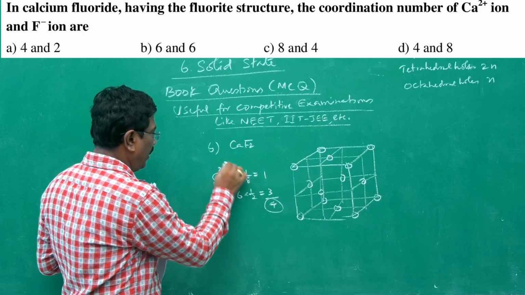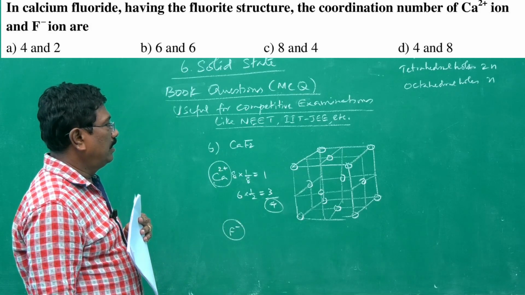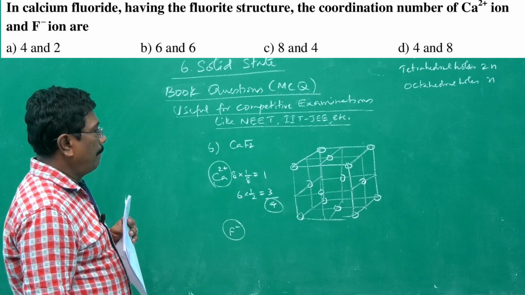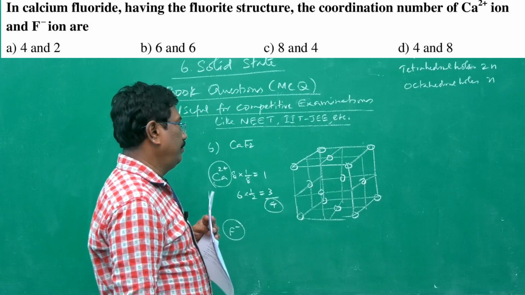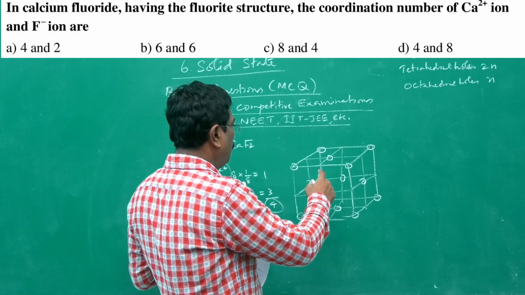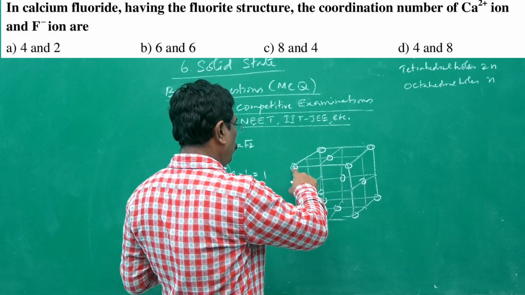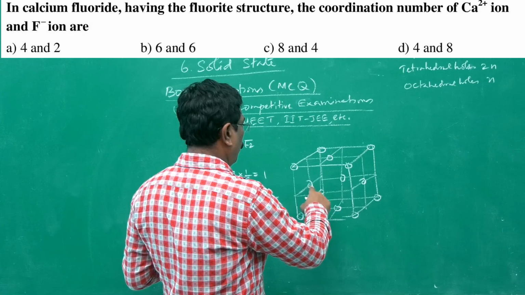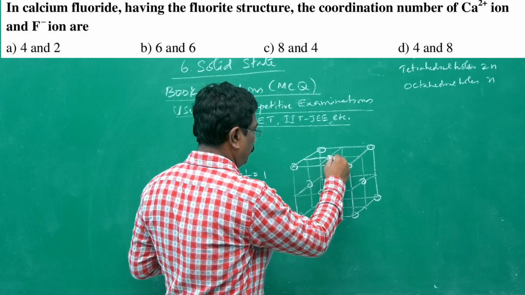Fluoride ions, if we take F minus ions, they occupy at the center of a tetrahedron. Which tetrahedron? We can imagine to have 1, 2, 3 and 4. So we can consider only this particular cube.